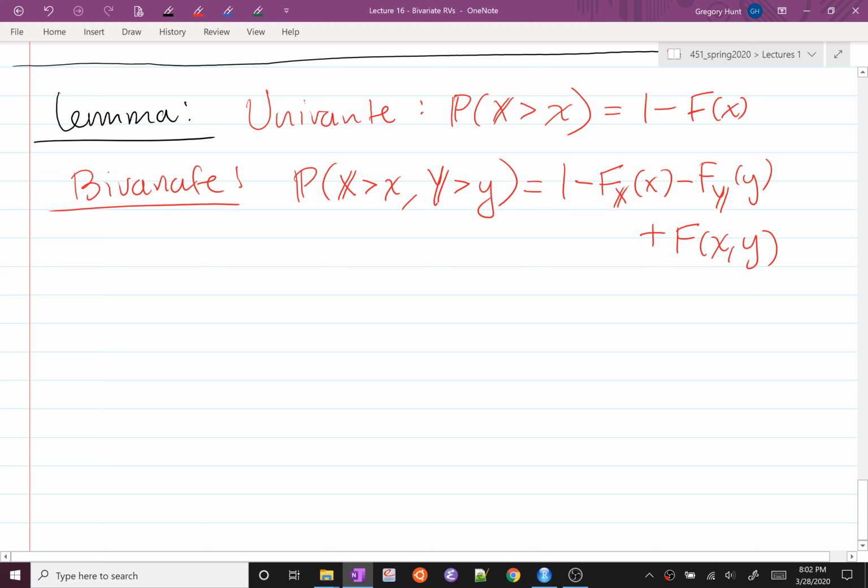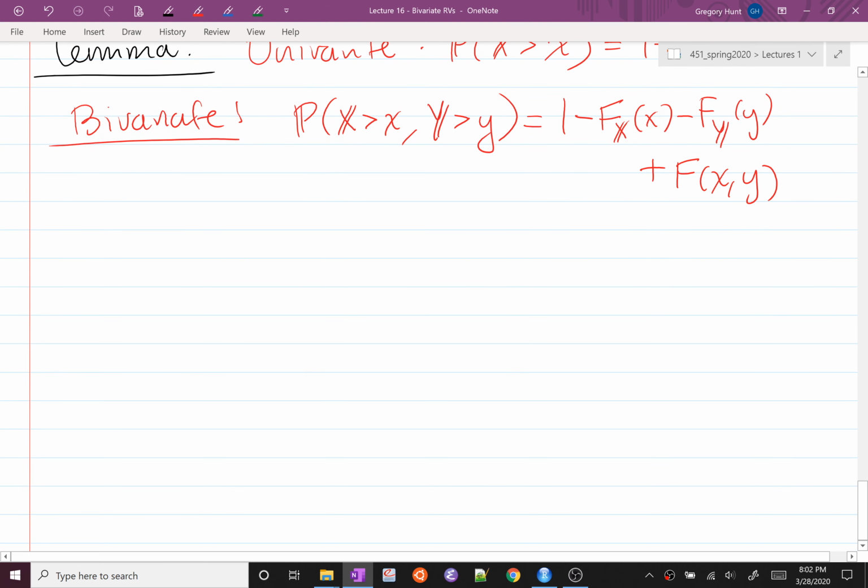So it's a little more complicated formula, but we can calculate the probability that we're bigger than both little x and little y using this formula. If I know the joint CDF, I can get the marginals and I can calculate this.